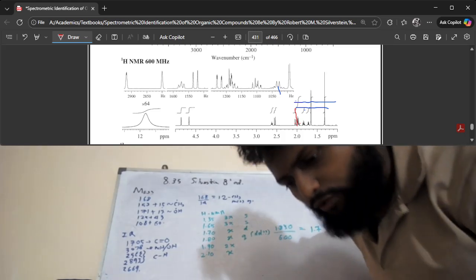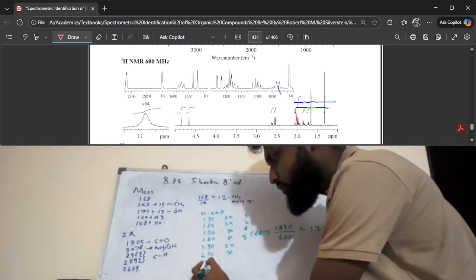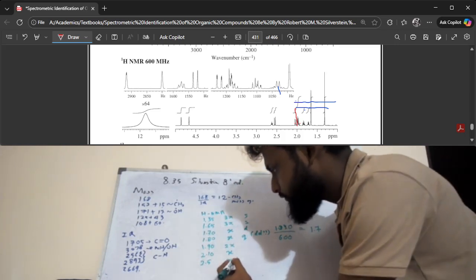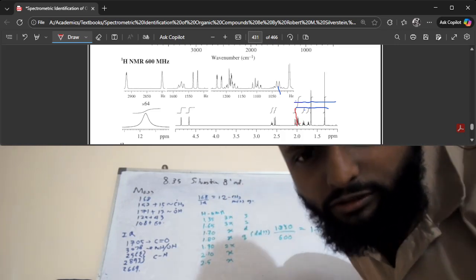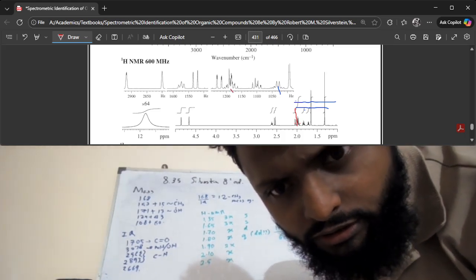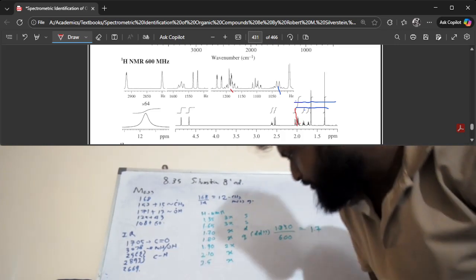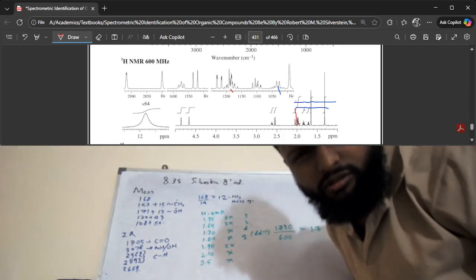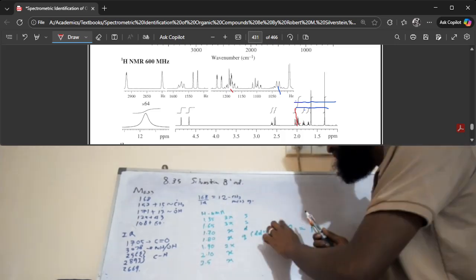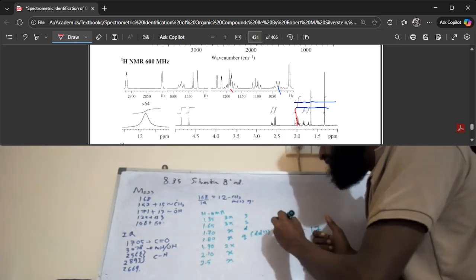So we have another peak at 2.5, which also corresponds to 1x. Oh, we forgot to mention the multiplicities of these. Again, here you can see it's about 1200, is it? 1180, let's say. Let's do the same math.